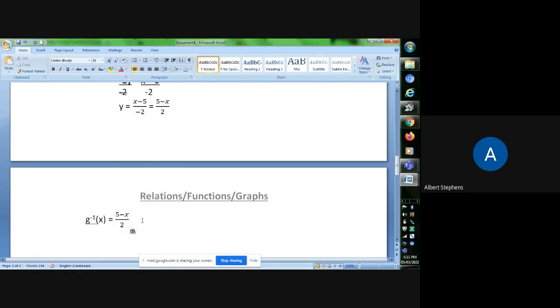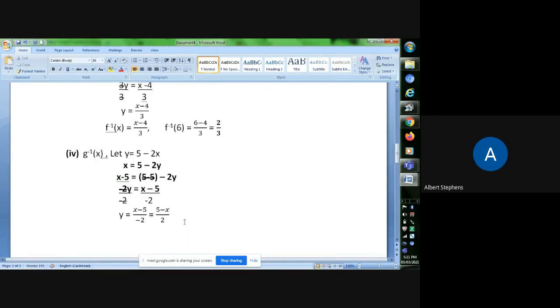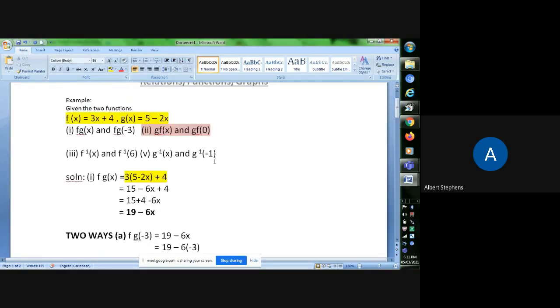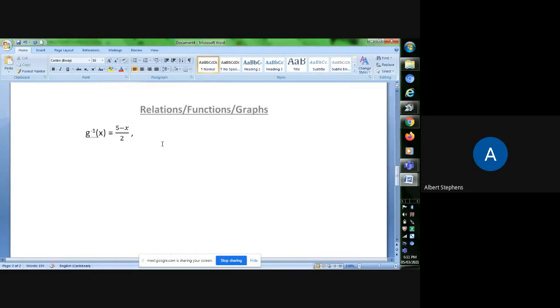And then to top it off, the question goes on to say, find g inverse of -1. So what you're going to do now is replace x with what? -1. So you're going to have -1, replace x with -1.